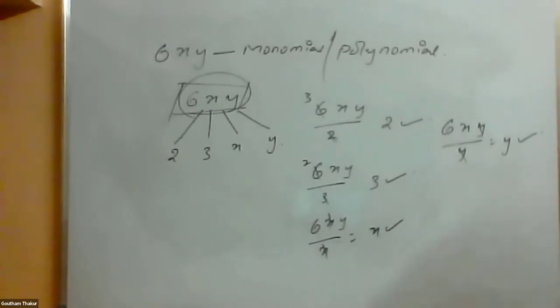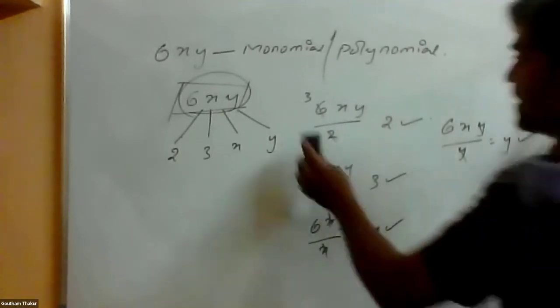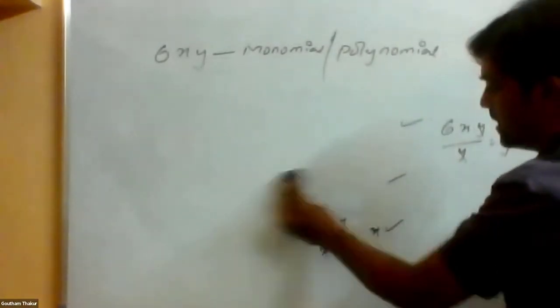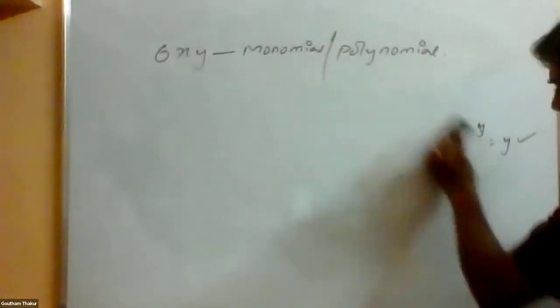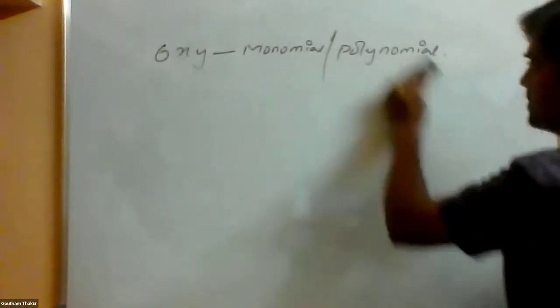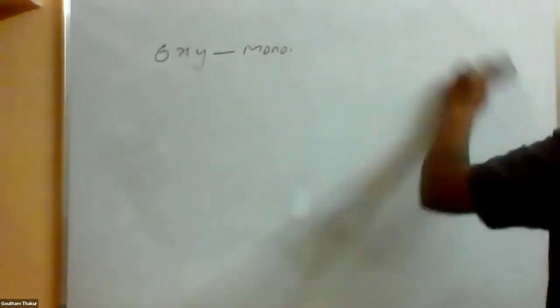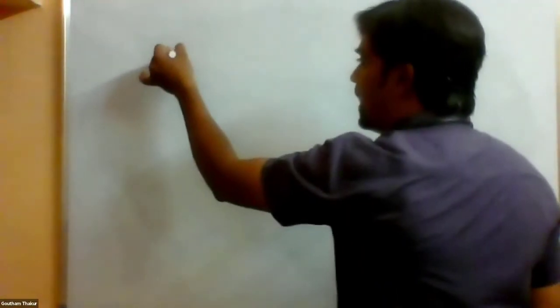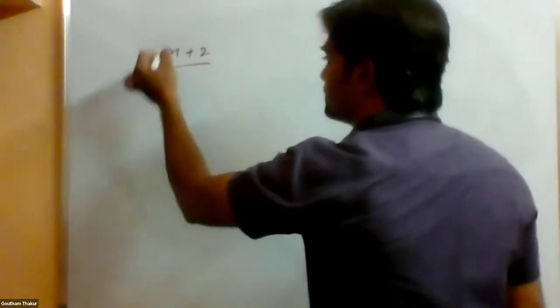And how do you calculate the factor for a binomial term? For example, I have a term x plus 2, a binomial term.